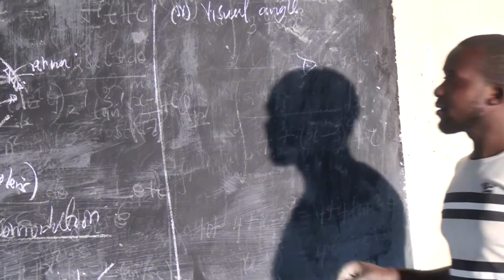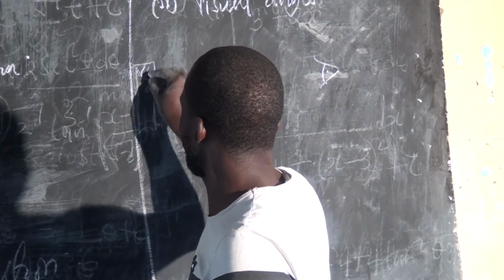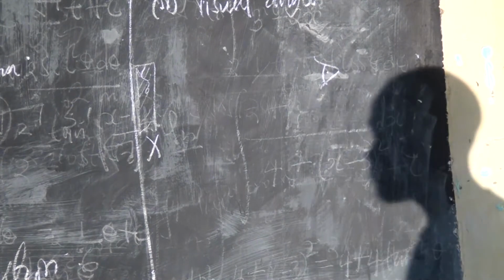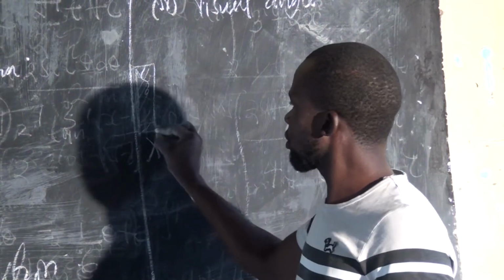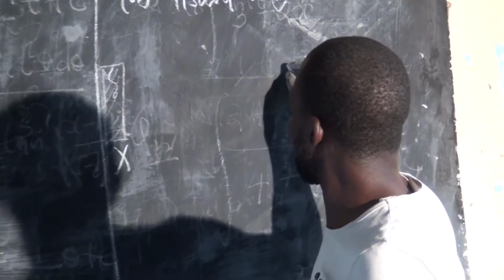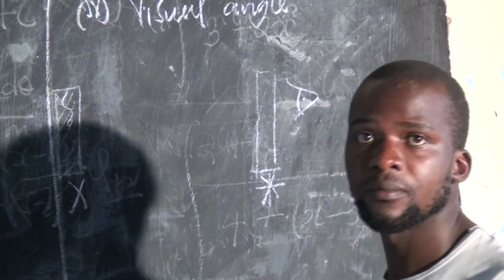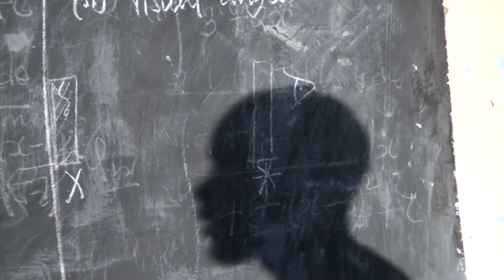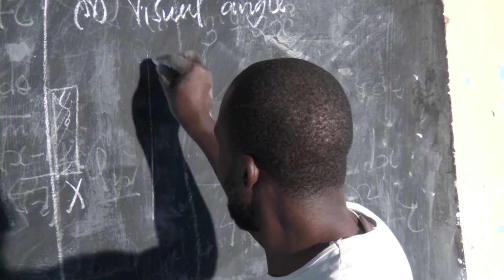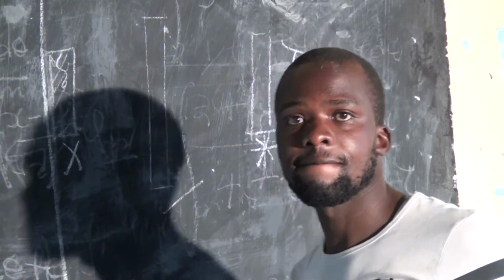Let me say that this is the eye. I'm putting particular writings on a particular paper that is far from my eye, and I can't see the details well. Then let me bring this piece of writing near my eye. Again, the details are not seen well. I try to extend it somewhere, and I find out that at some other distance here, the details are seen well.